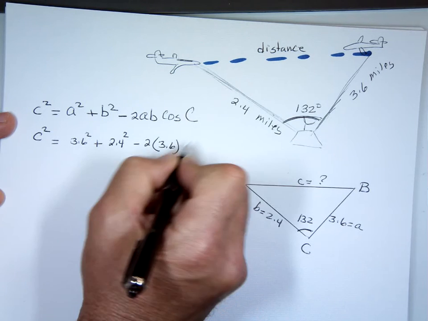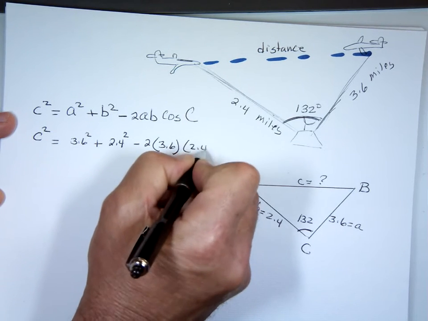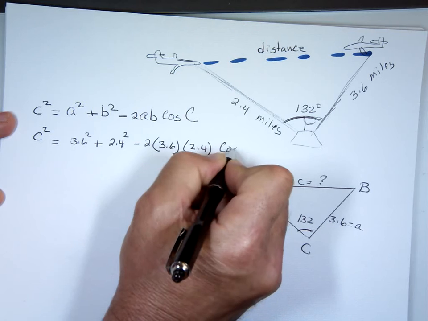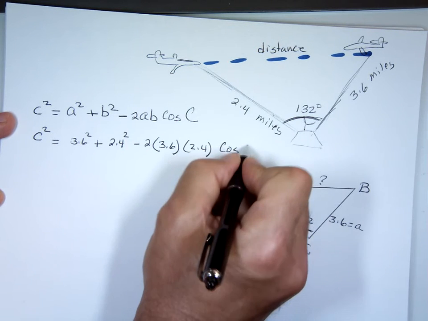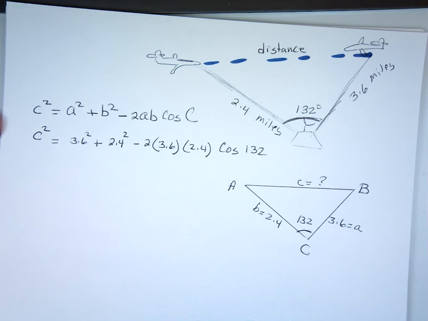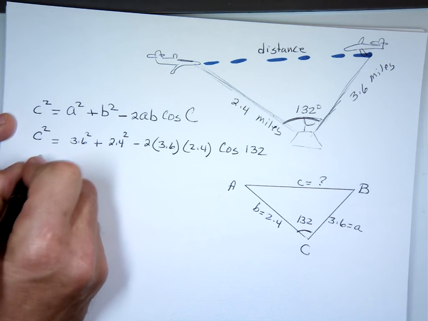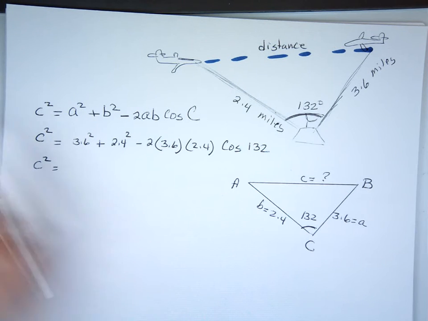B is 2.4, cosine angle C, which is 132. 3.6 squared is 12.96.